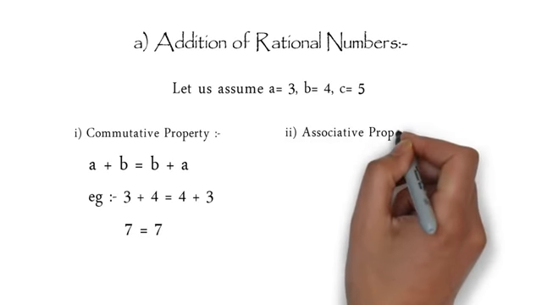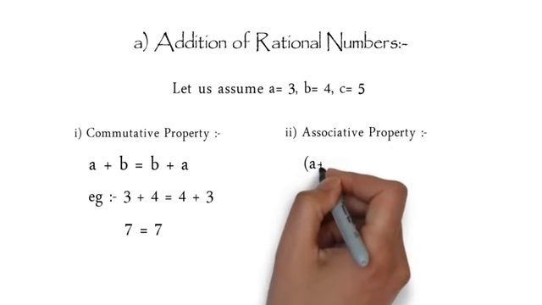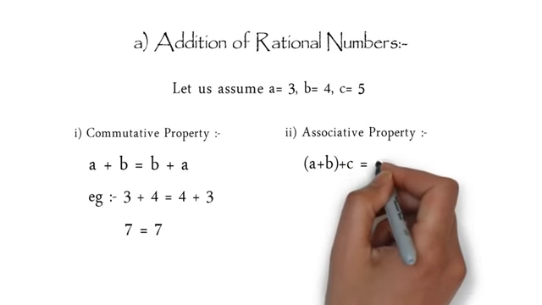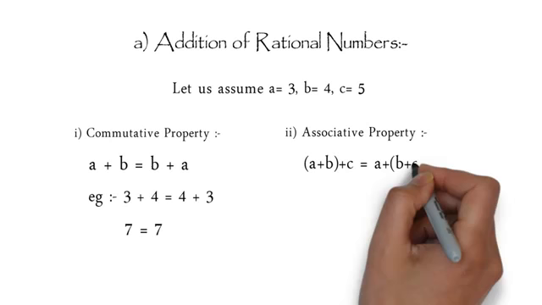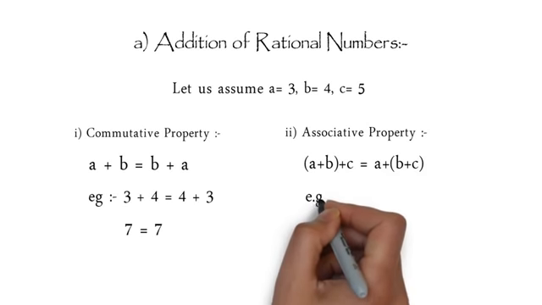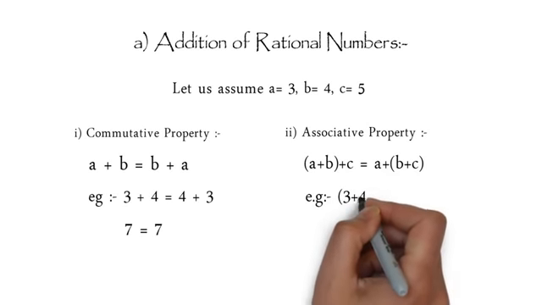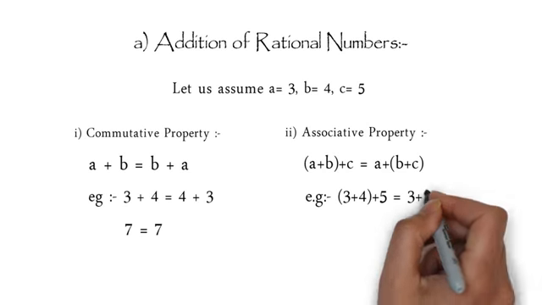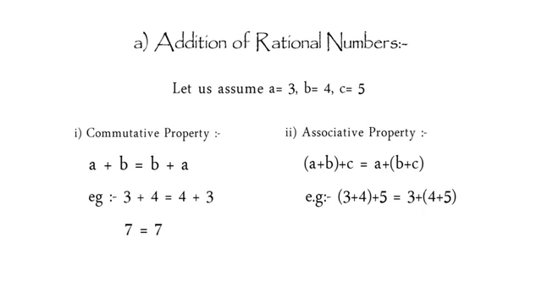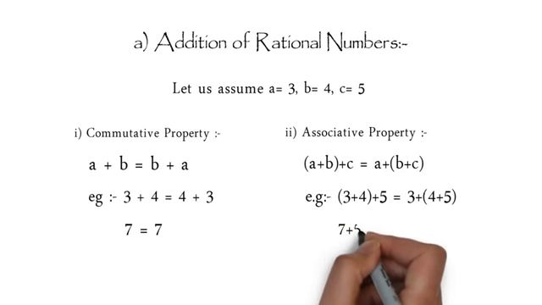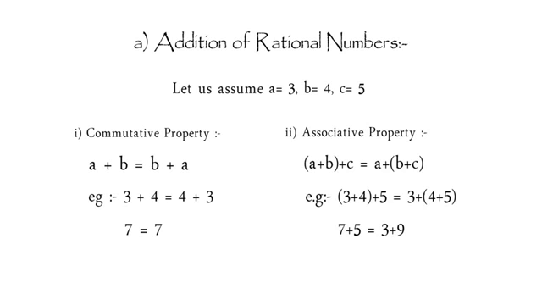Second, associative property. (a plus b) plus c is equal to a plus (b plus c). Therefore, (3 plus 4) plus 5 is equal to 3 plus (4 plus 5), which is 7 plus 5 is equal to 3 plus 9, which comes to 12 is equal to 12.